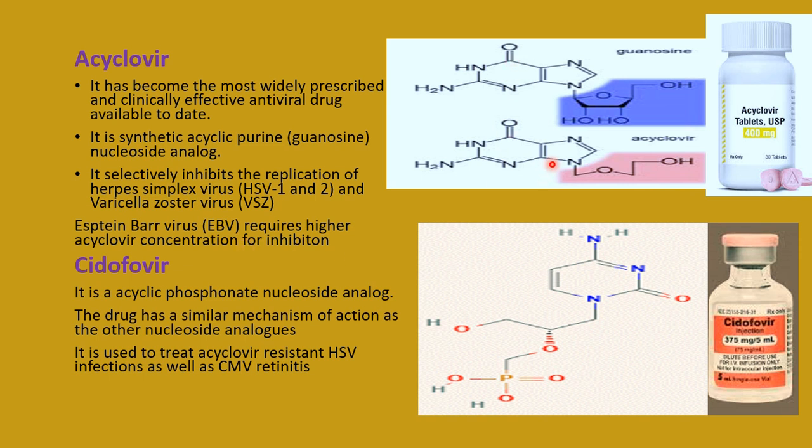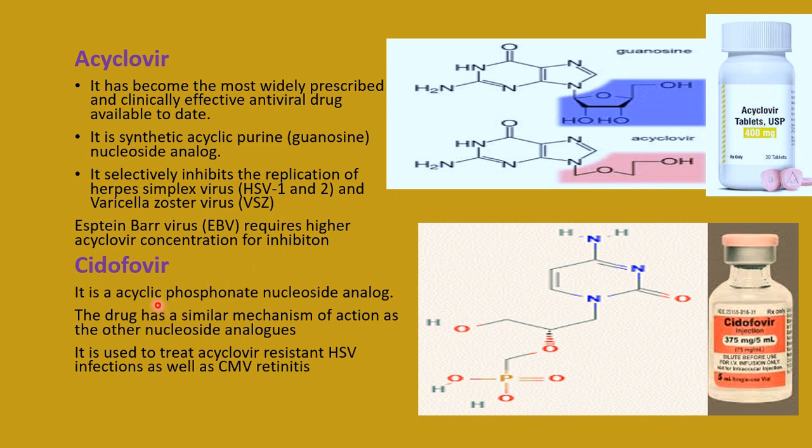Now see here, this is a guanosine structure and this is an acyclovir structure. They are structurally similar, but when acyclovir is incorporated into the replication process, the DNA is not able to replicate as it is a false nucleotide, and that is how the virus cannot grow further. Acyclovir can be used in the form of tablets, injections, ointments, and more.